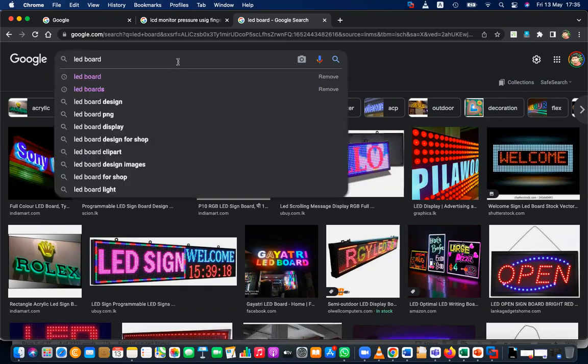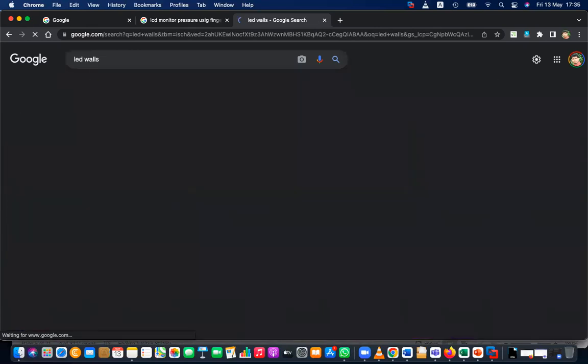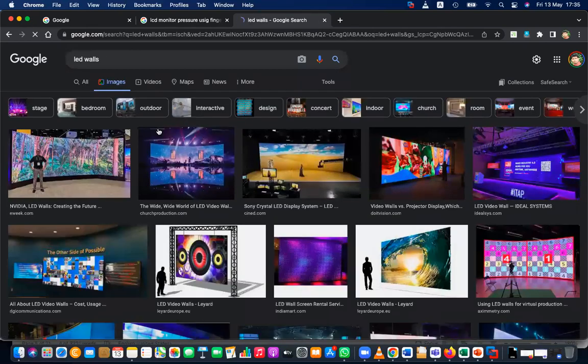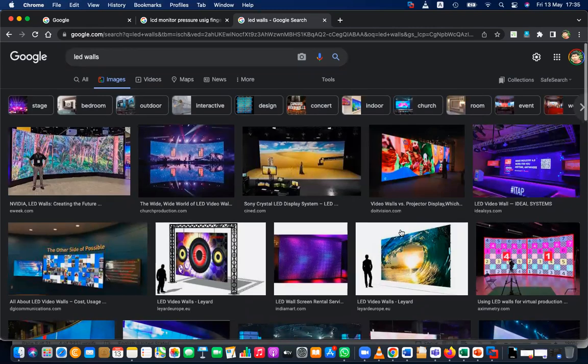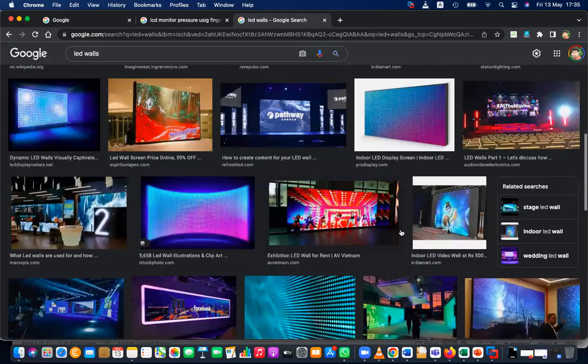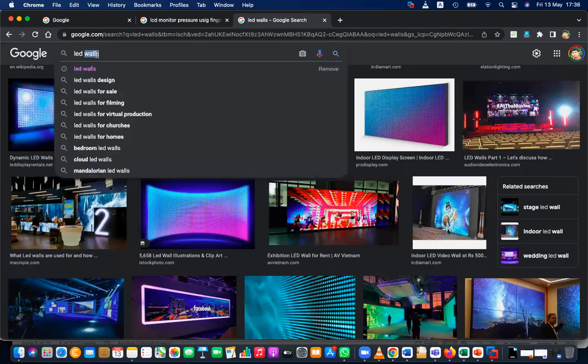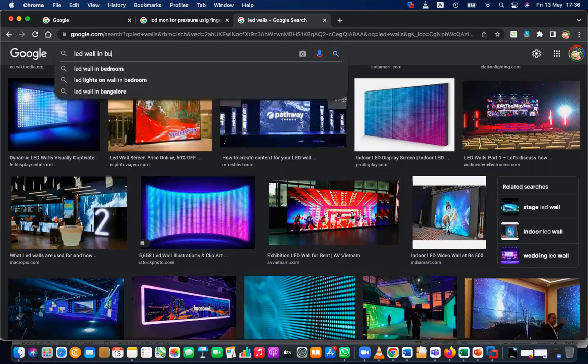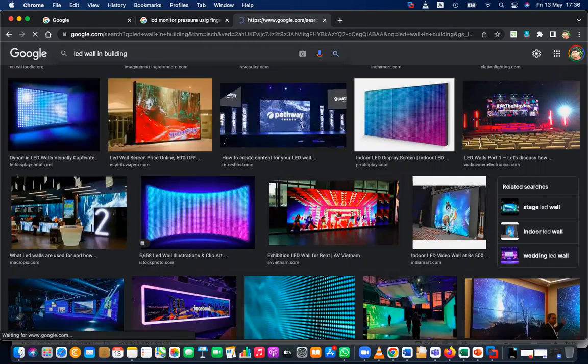So these are LED walls, LED backdrops, and LED walls on buildings, outside a building.